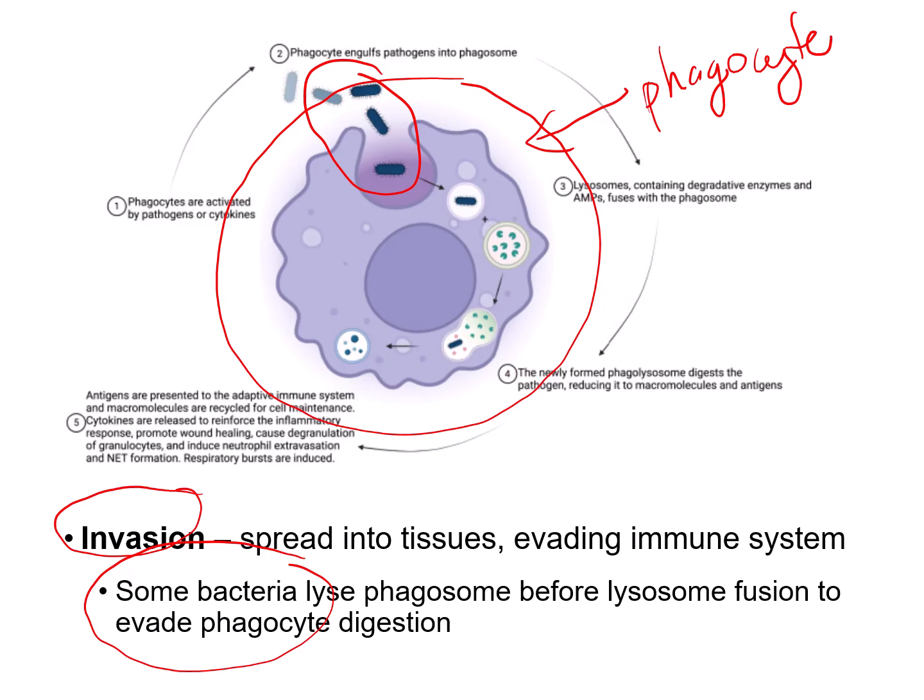So some bacteria can survive inside these phagocytic cells by escaping that vesicle called the phagosome before the lysosome, remember that organelle is responsible for releasing digestive enzymes to chop things like bacteria up. So they can escape this process and survive inside the cell and continue to divide within their cell.